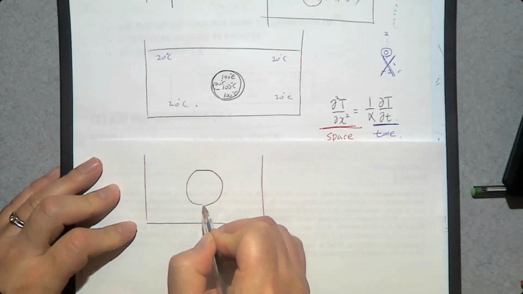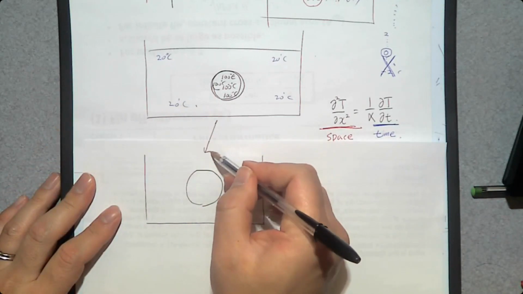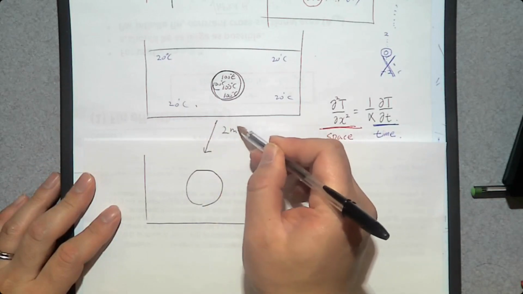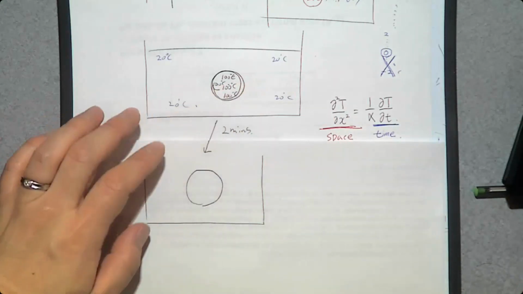so we have a solid initially at 100 degrees Celsius, and after, let's say, 2 minutes later, what is going to happen? The solid is still at 100 degrees Celsius, the surrounding fluid at 20 degrees Celsius, nothing happens? No, because the solid is at a higher temperature than the surroundings, there's a heat transfer from the solid to the surroundings.